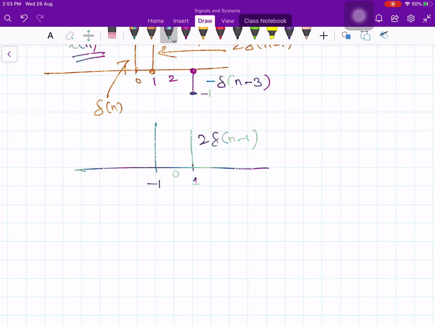This one corresponds to 2 times del of n plus 1, shifted to the right, and this one is 2 times del of n minus 1. That's how this h of n looks.